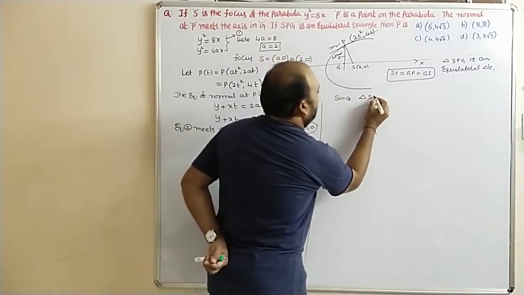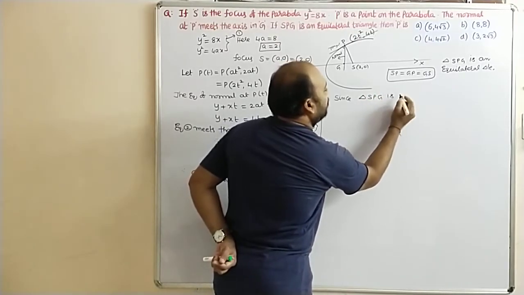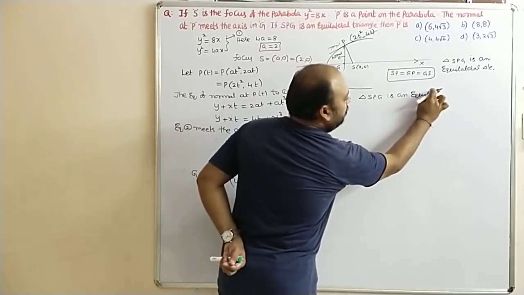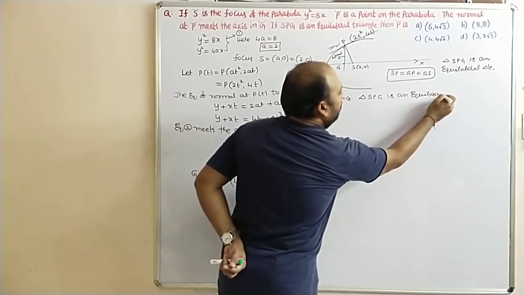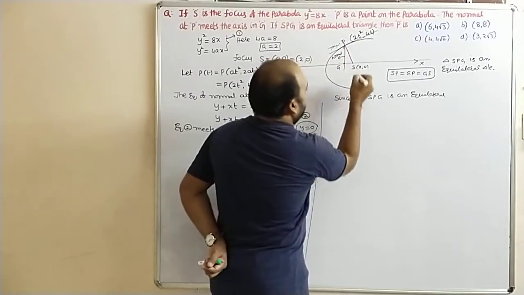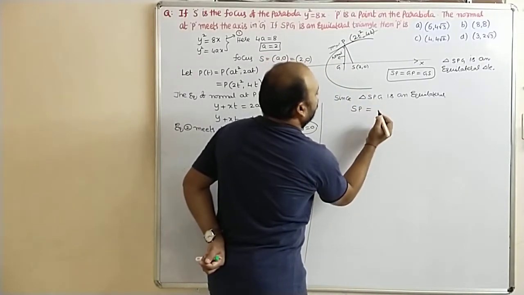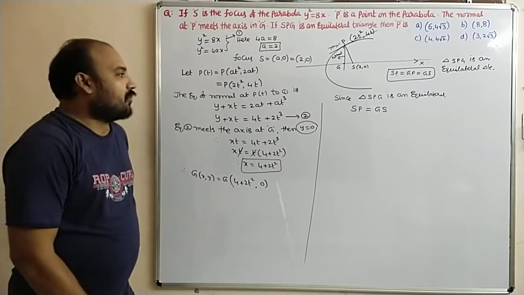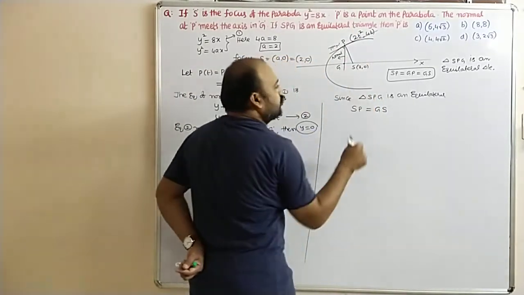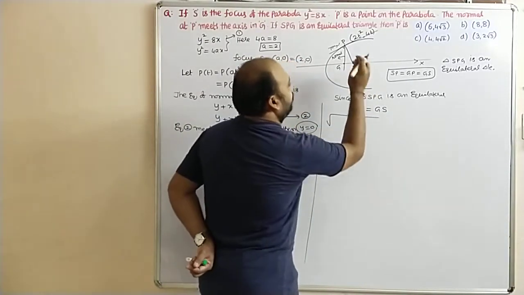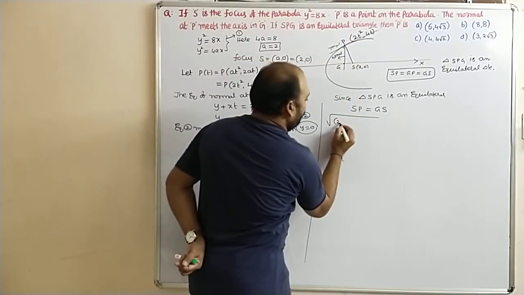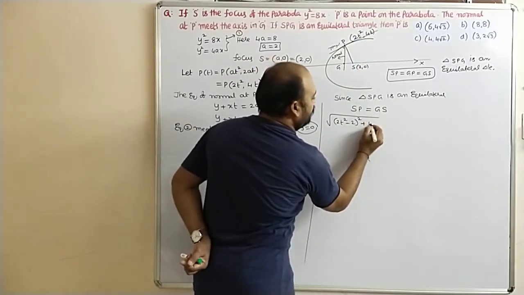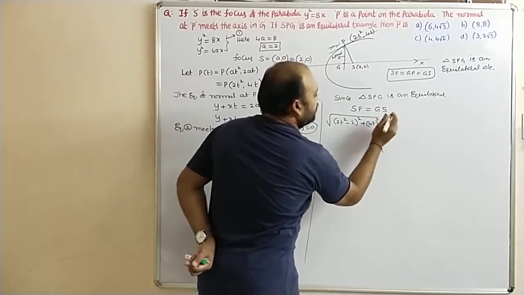Since triangle SPG is equilateral, SP equal to GS, I am taking now. SP means the distance between these two: square root of (2t square minus 2) whole square plus (4t minus 2) whole square, which is equal to GS.